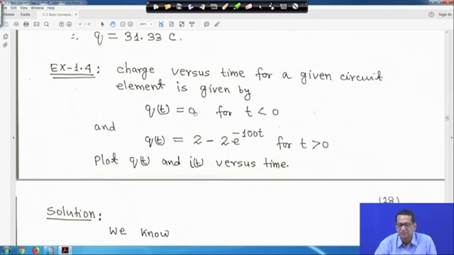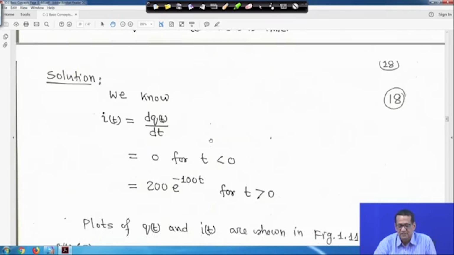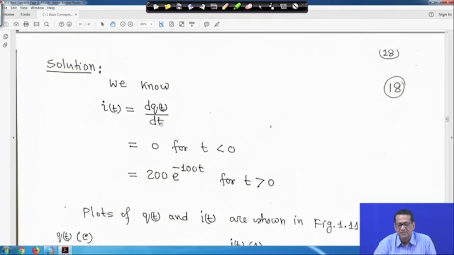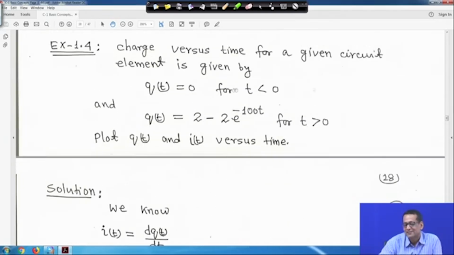It is given q(t) is equal to 0 for t less than 0. Therefore, if you take the derivative for t less than 0, whenever we take t less than 0, it means the past history of the circuit; later in transients we will see this. So mathematically it is represented as t less than 0.